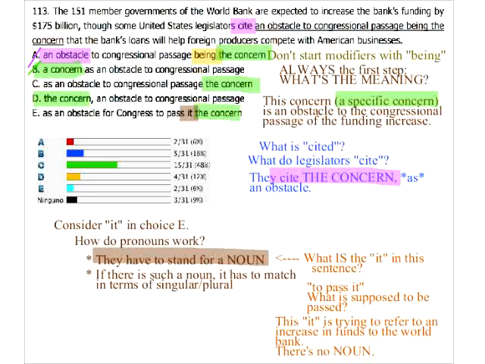To increase is not a noun. So pronouns are supposed to stand for nouns. This one doesn't, so it's incorrect. Again, people's biggest issue with pronouns is they really love to overcomplicate the issue. But if there's not a noun, there's not a noun. And that's kind of the end of the story right there.